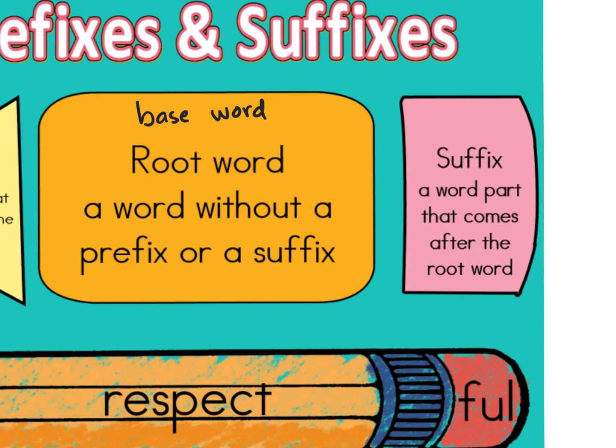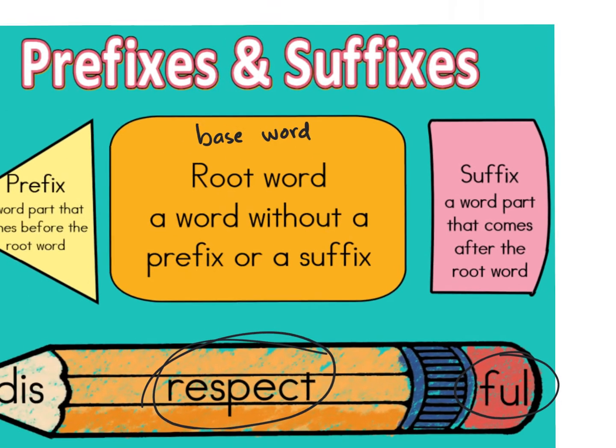So, a reminder, a root word or a base word is a word without a suffix, or the thing we're going to learn about in a second, a prefix. So this down here, respect, that would be a base word. Now a suffix is a word part that comes after the root or the base word. So in this case, full, respectful, full of respect.